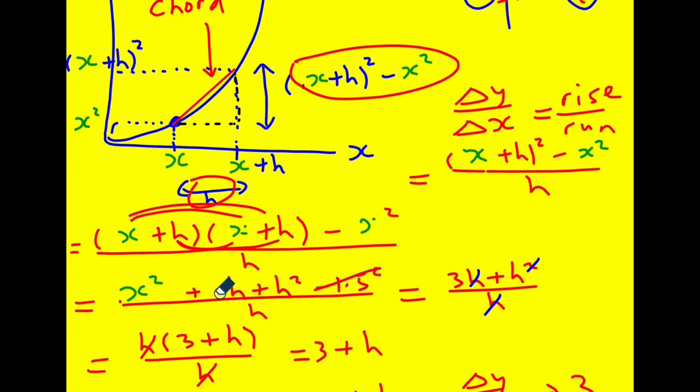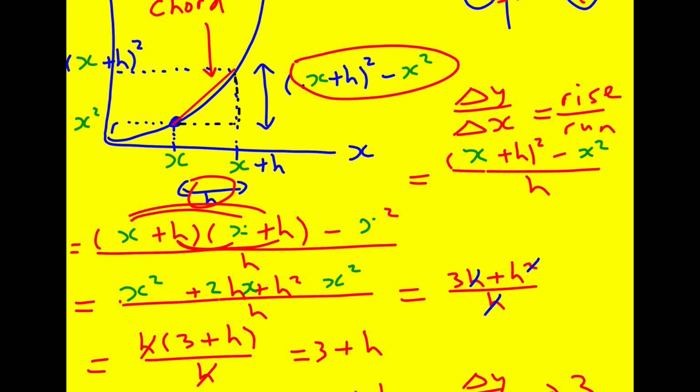So instead of 3, I'm going to get 2 lots of x times h, which I'm going to write as 2hx, because we tend to write the thing that we're interested in at the end. I could write it as 2xh if I wanted. And then I'm going to be minusing x squared as before.